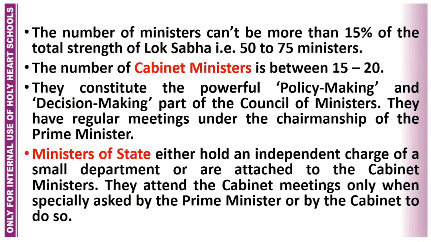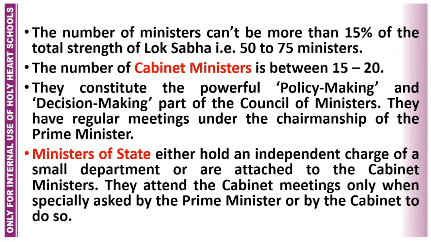So this many ministers can be in the ruling party, the executive body. The number of cabinet ministers is between 15 to 20. You know that the core group is of cabinet ministers. Out of 50 to 75 ministers, the number of cabinet ministers cannot be more than 15 to 20.